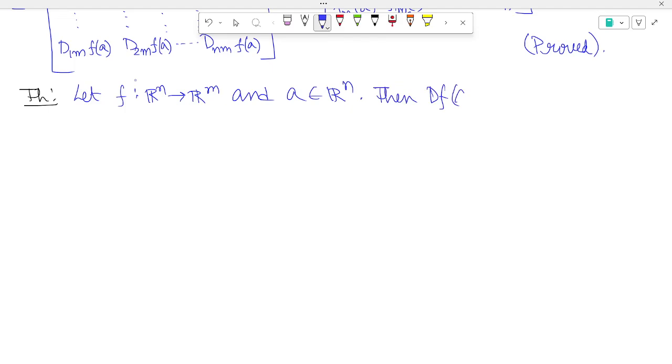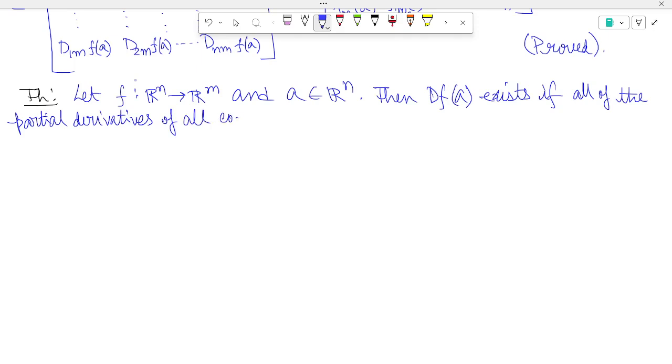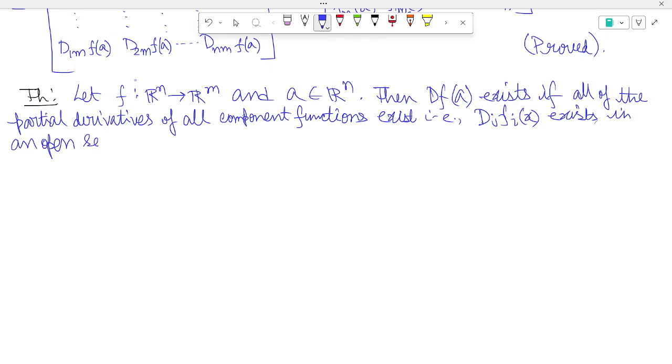Then d of fa exists if all of the partial derivatives of the function exist, that is djfi x exists, in an open set containing a.